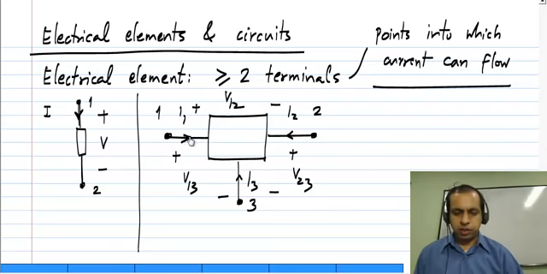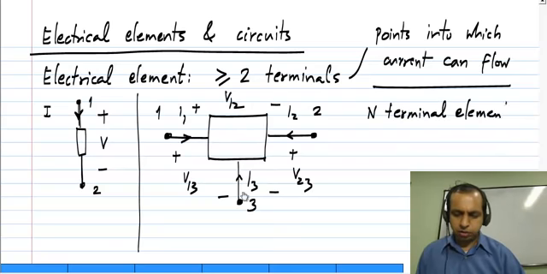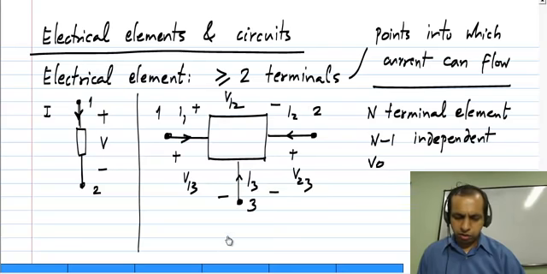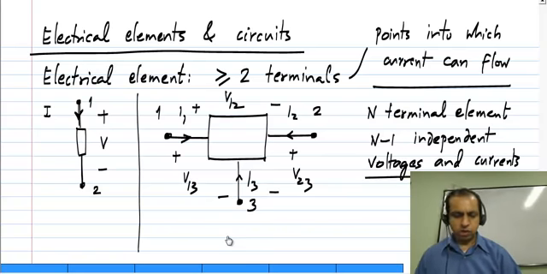Soon it will become clear that if we have an N terminal element, there are N minus 1 independent voltages and currents.